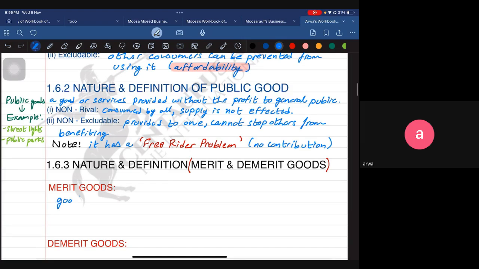So goods which are undervalued and underproduced. Oh, I made a mistake here. So undervalued or underconsumed, because right now we are only talking about the consumers first.